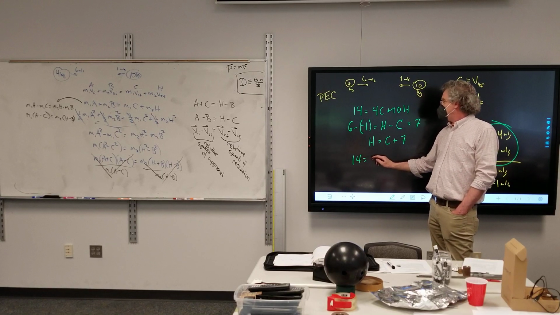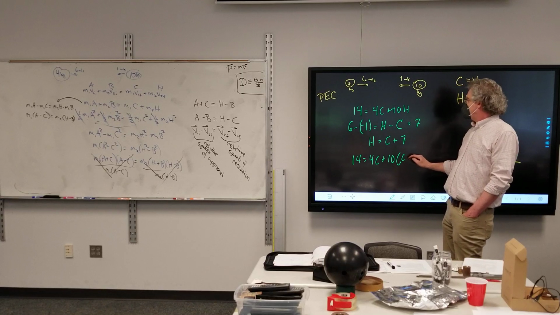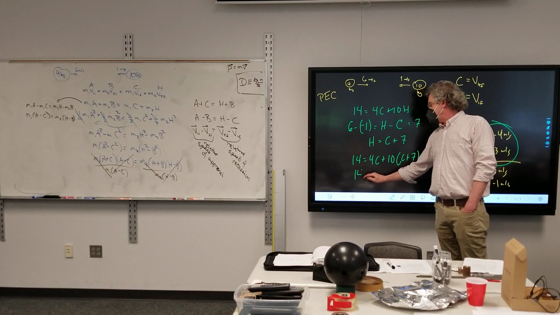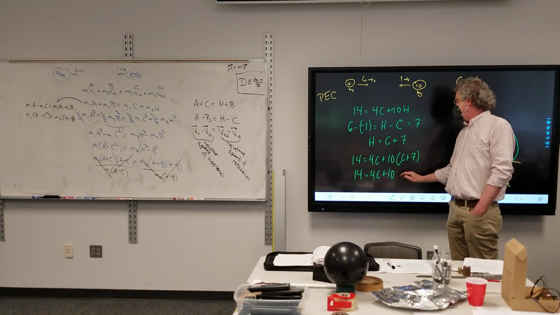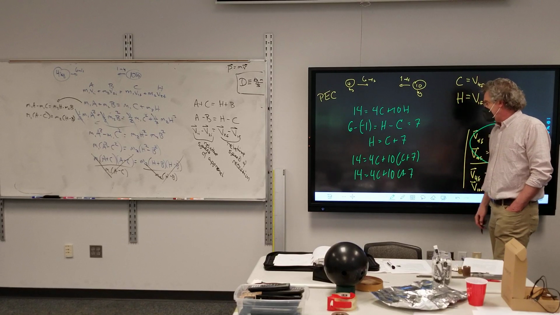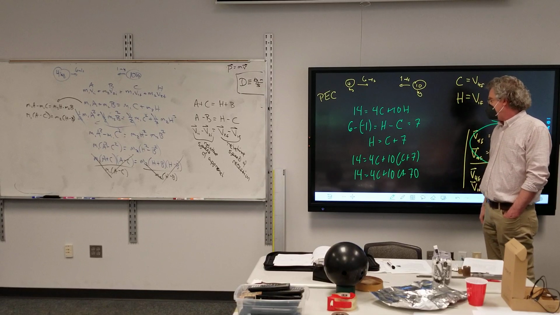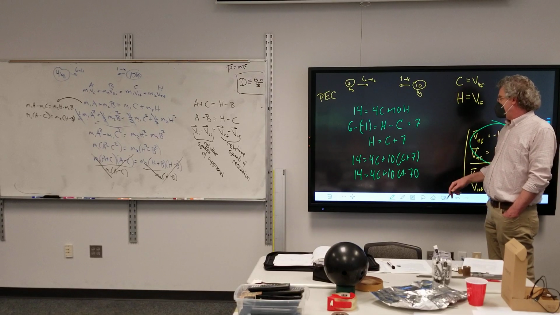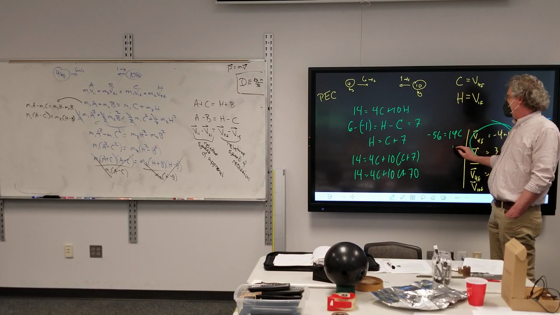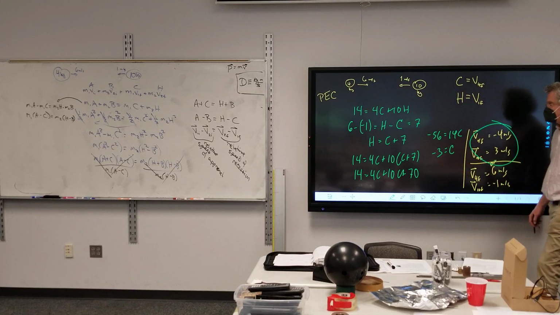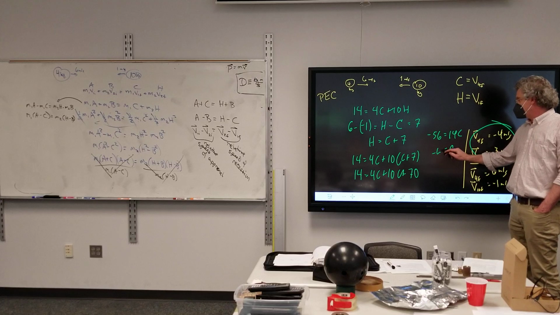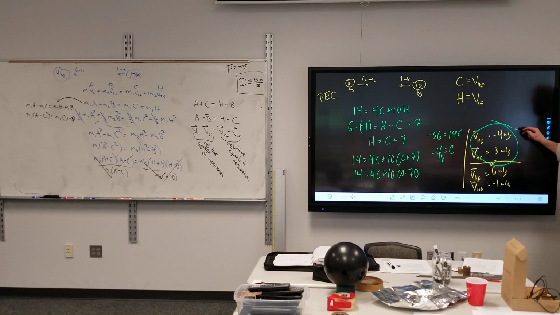I have 14 is equal to 4c plus 10, c plus 7. 14 equals 4c plus 10c plus 70. Subtract 70 from both sides. I get -56 is equal to 14c. C is equal to -4 meters per second, which is what we have right here. I know that h is c plus 7, so just add 7 to that, we get this. We get the exact same answer.